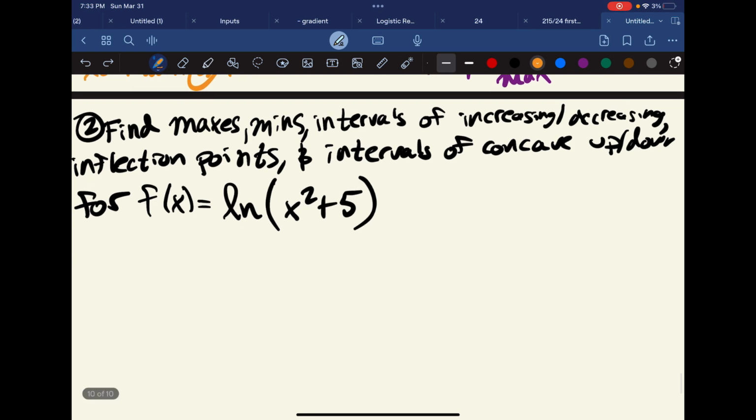Okay, so now maxes, mins, intervals increasing, decreasing, inflection points, and intervals concave up, down for f of x equals ln of x squared plus 5. Similarly to the last problem, we're going to start with our first derivative. This is going to be a chain rule problem where our outside function is ln of x and our inside function is x squared plus 5.